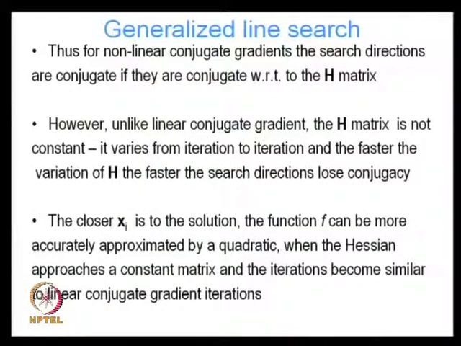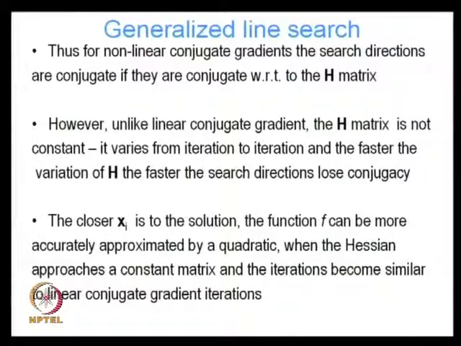The only problem is, however, that unlike linear conjugate gradient, the H matrix, which there is a constant matrix A, is not constant. It varies from iteration to iteration, and the faster the variation of H, the faster the search directions lose conjugacy. The more constant H is, the greater the chances of my retaining conjugacy.